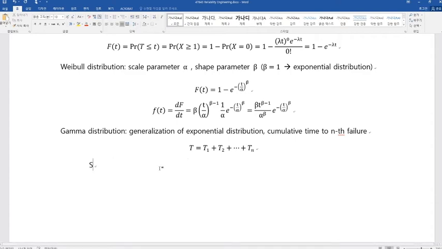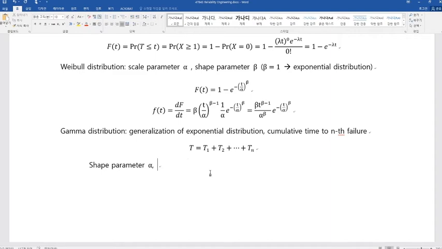So here we are going to have a shape parameter. Previously in Weibull distribution, beta was called the shape parameter. But in case of gamma distribution, alpha is called the shape parameter.